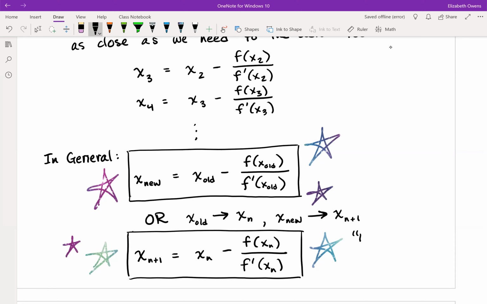Formulas like this are called recursive formulas. So a recursion is something that depends on a previous value. Or you'll also see these called iterative formulas. So a new iteration is when you're finding a new value based on the previous values. Okay, so this is a recursive or iterative formula.